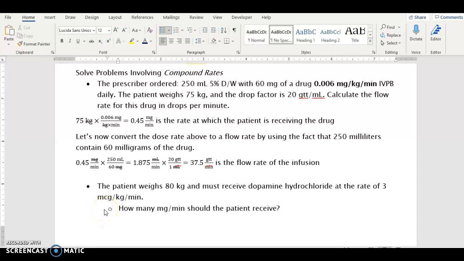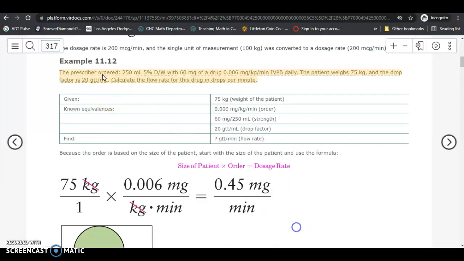So we will do one more example in chapter 11, but before we do, I do want to mention briefly that you can view the solution to the previous problem that we worked on in the previous video in the book. The problem we just did was example 11.12.